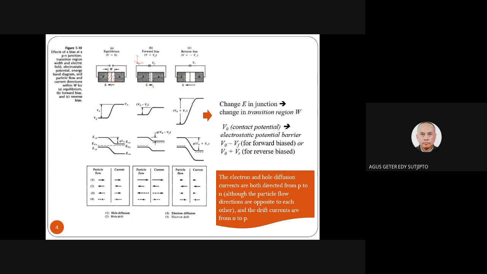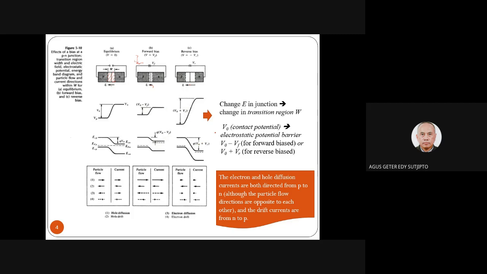The voltage difference increases and becomes larger, V0 plus the reverse bias voltage, so the energy difference between P and N will be bigger.